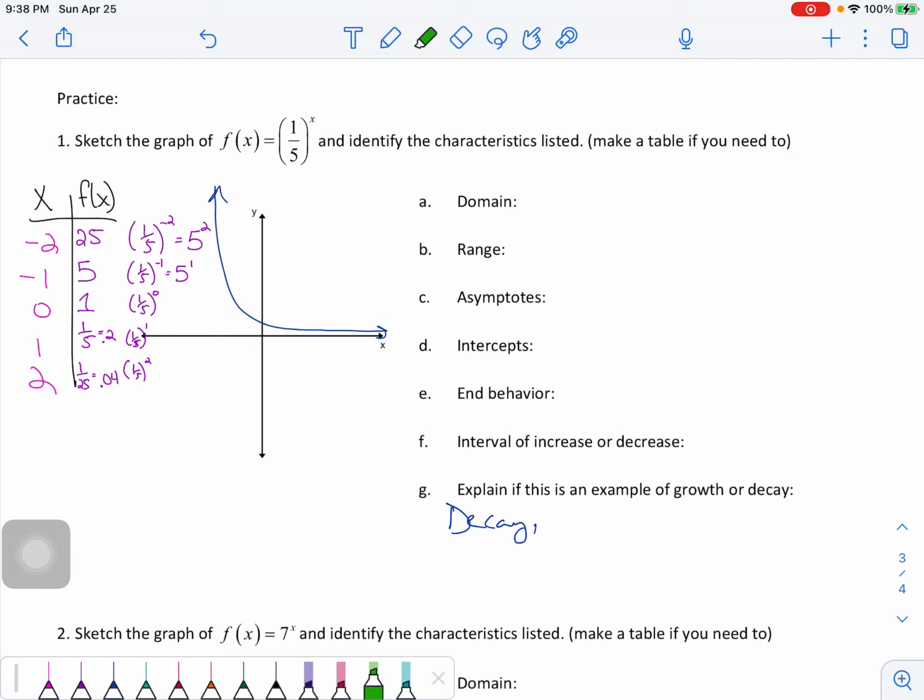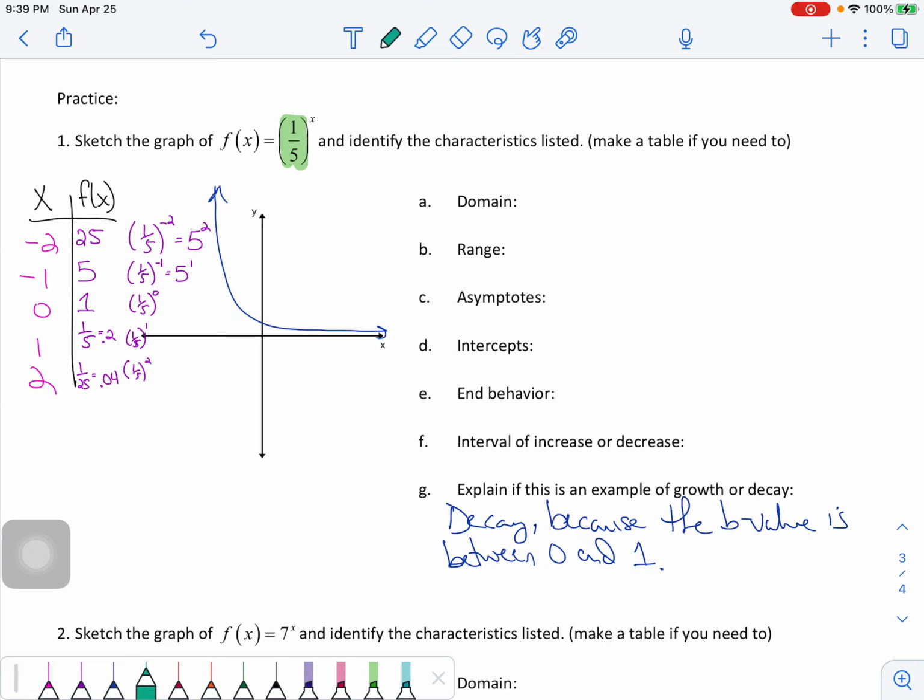And this piece of the equation, this b value of 1/5, so it's decay because the b value is between 0 and 1. So if your b value is between 0 and 1, you have some kind of a decay function. Now, whether it's a really strong decay function or not, that's up to the problem.